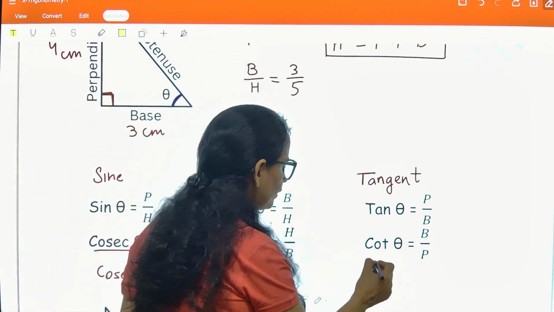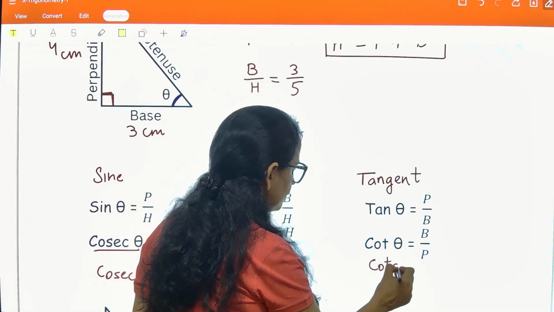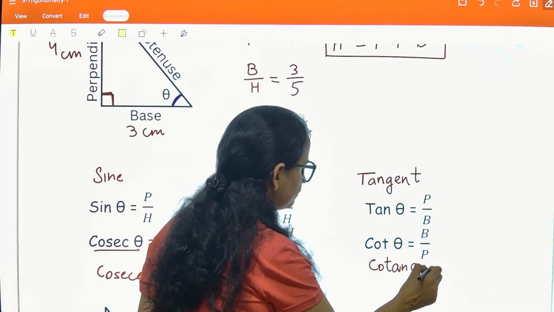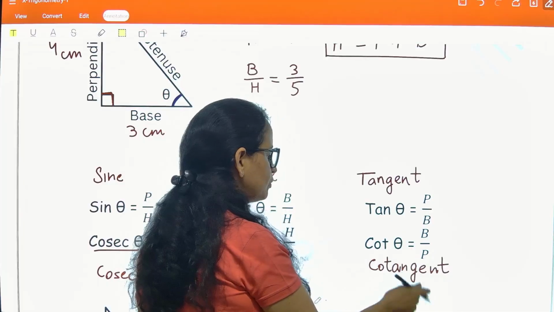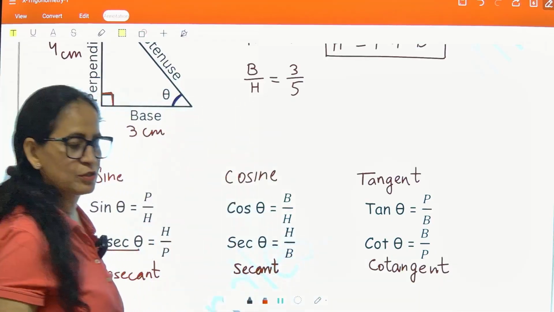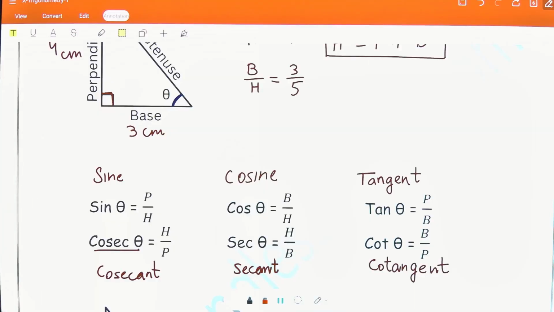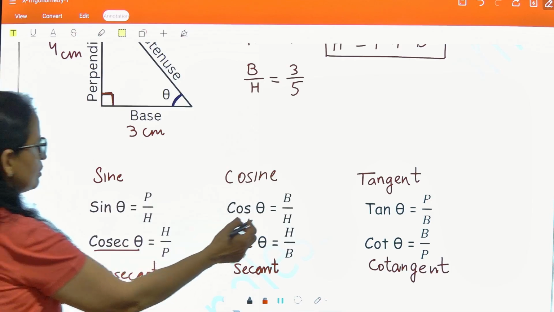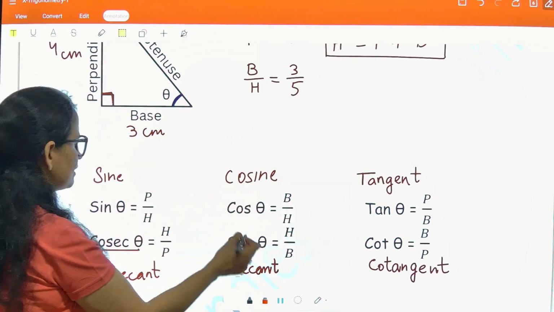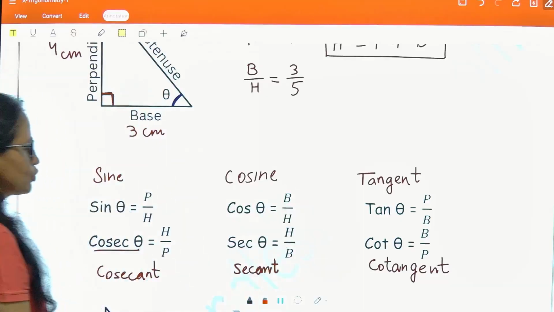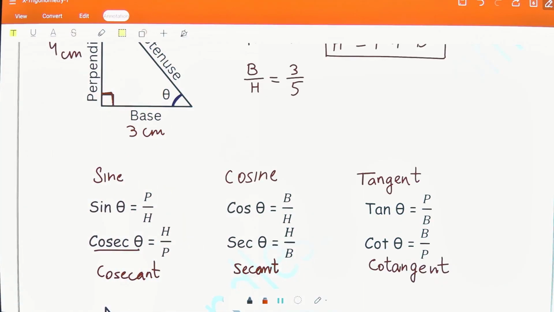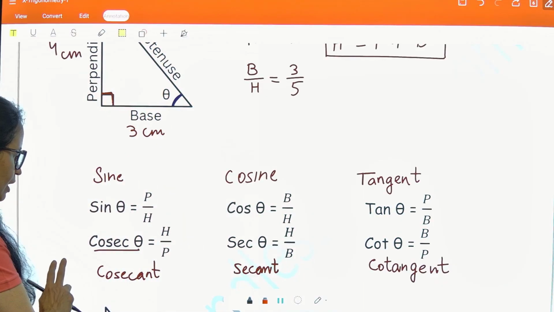And this is cotangent. So you are clear with the basic words? Cotangent is known as cot theta, which is base upon perpendicular. So the six basic trigonometric ratios are sin theta, cos theta, tan theta, cosec theta, sec theta and cot theta. If you know all the sides of a triangle, you can find any of these ratios, right?